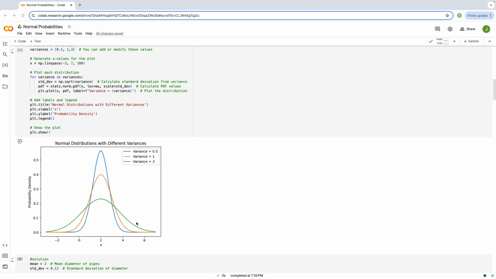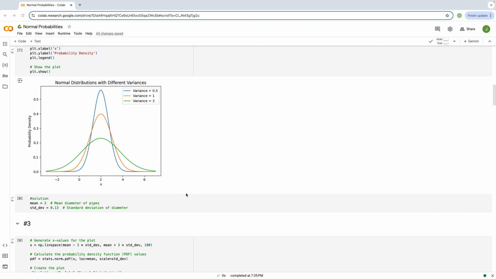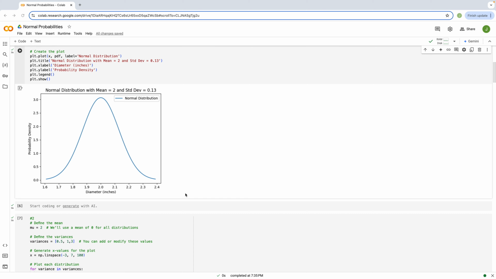For example, 4 or 6. 6 is not very likely at all under the blue graph, but it's not unreasonable for it to occur under the green graph, whereas with the blue graph, it's very unlikely to occur.